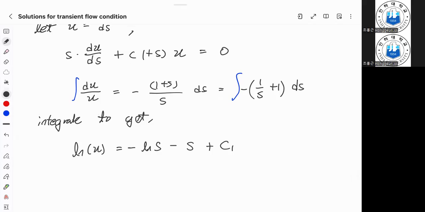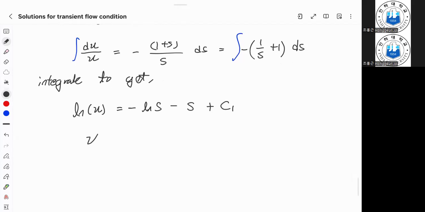And if you know how logarithms and the exponential function work, then u can also be written as c over s e to the minus s, where c is equal to minus e to the c sub 1.